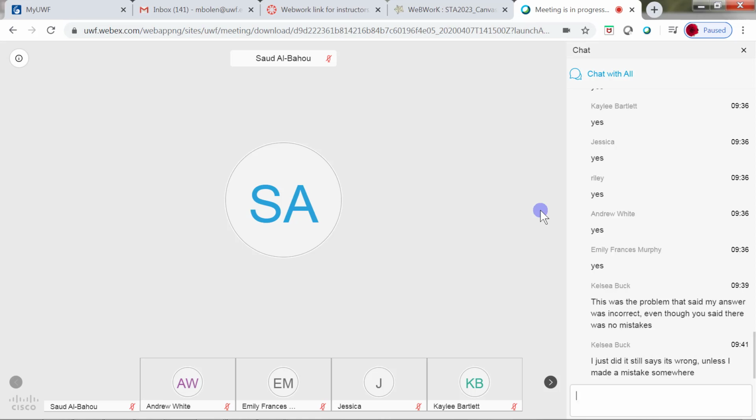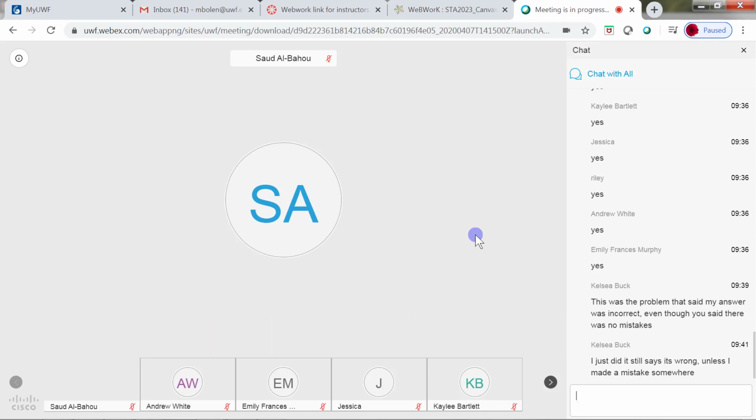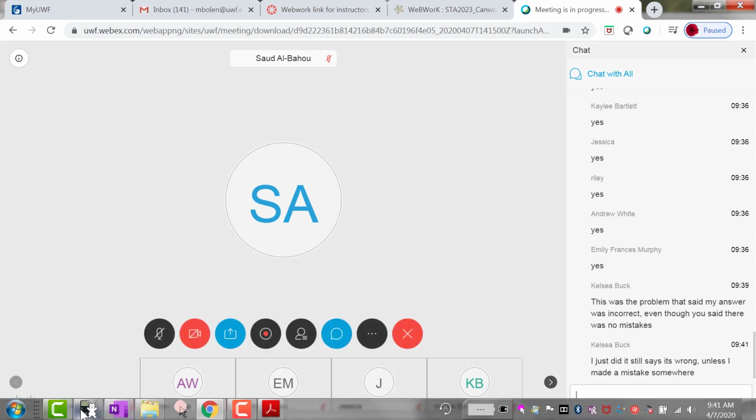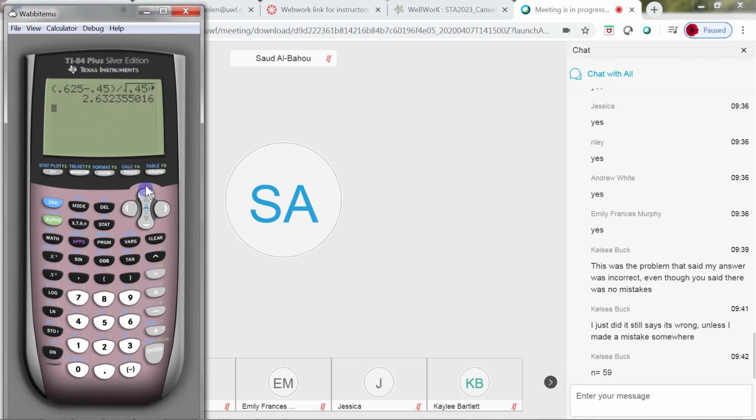It still says it's wrong unless I made a mistake. What are your numbers, Kelsa? Can you post your p, the one the problem gives you, and then post your n and your x, and I'll run the numbers real quick. Okay, so n is 59.